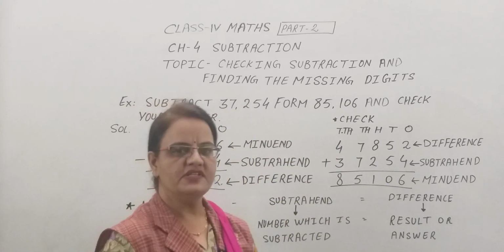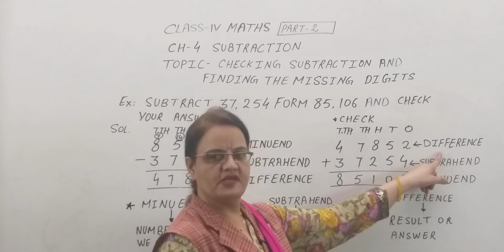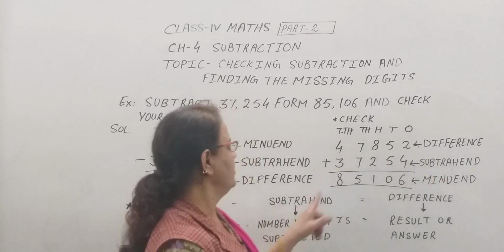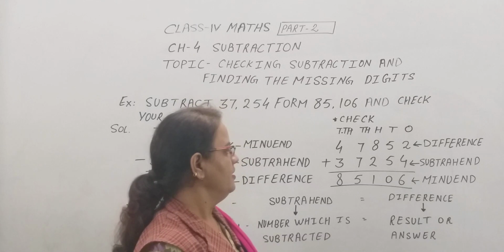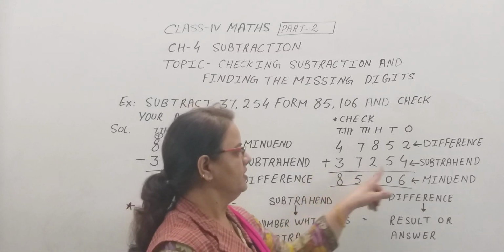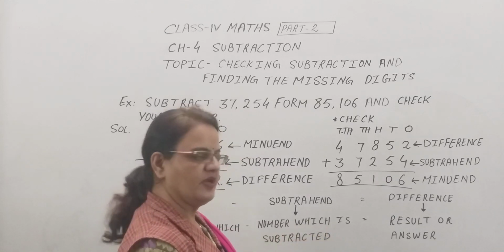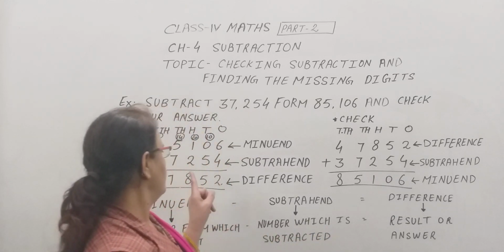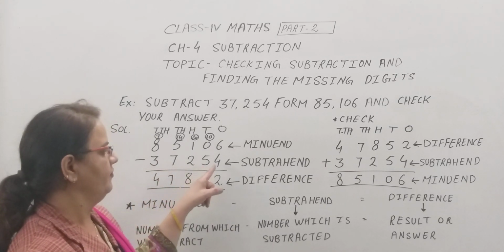When we check the answer, first we will write down the difference, it means our result. So our result is 47,852, and then we will write down the subtrahend. Subtrahend means the number which is subtracted. So we subtracted the number 37,254.